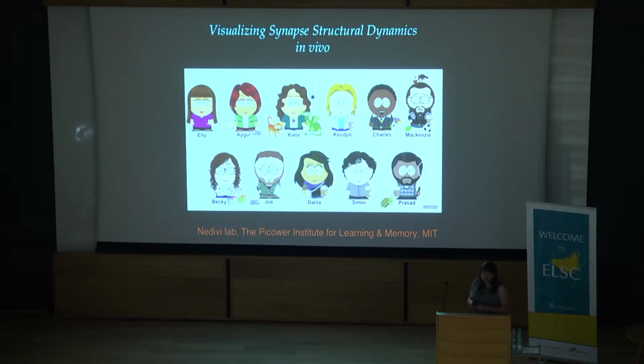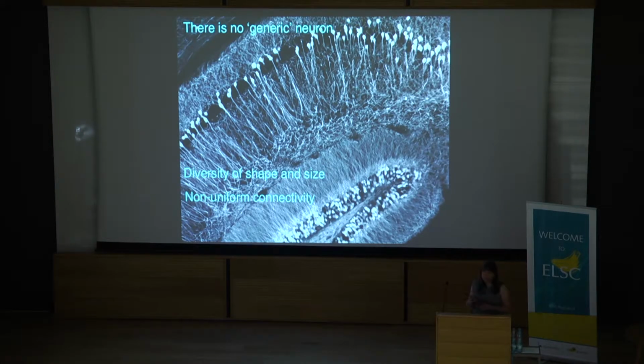And maybe what they're missing is some of the features that our brain has that are not normally integrated into these types of networks. The first thing is that many of these models, or actually pretty much all of them, use a generic neuron. And there really is no such thing as a generic neuron. Neurons are very diverse in their shape and their size, and they're not connected in a way that is uniform.